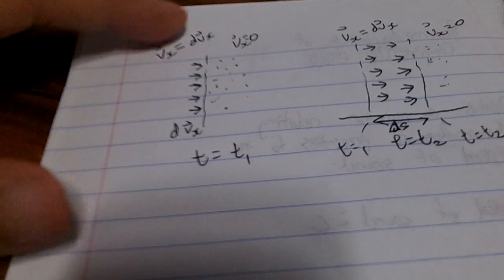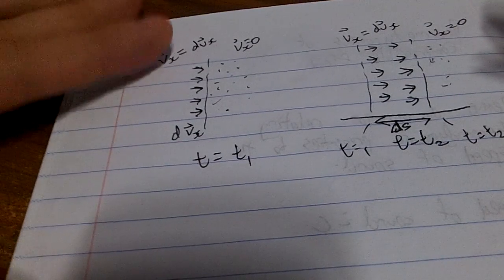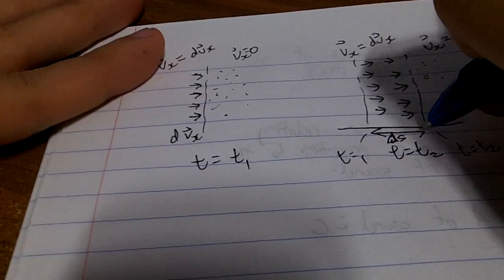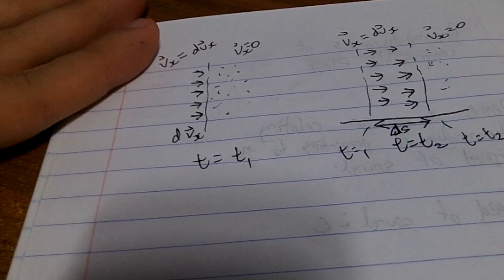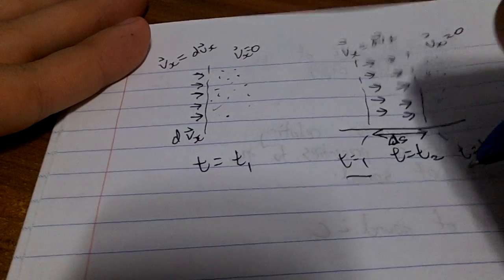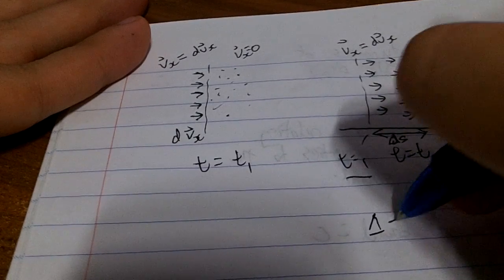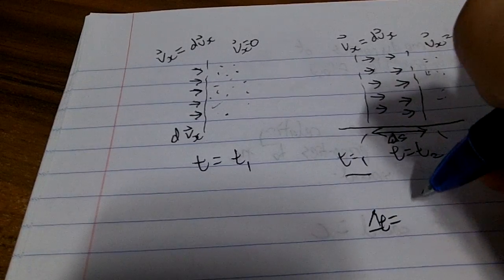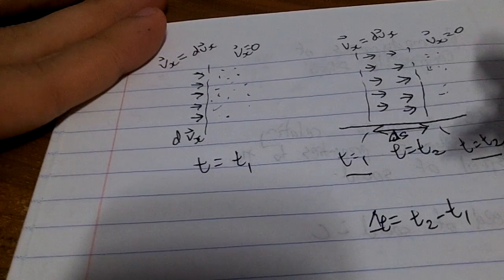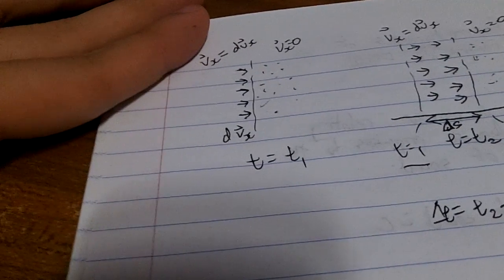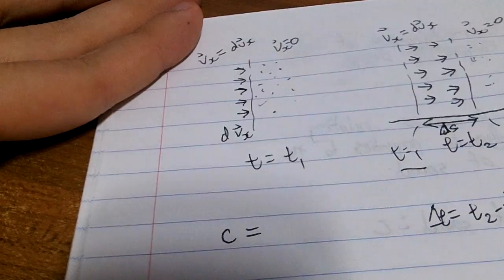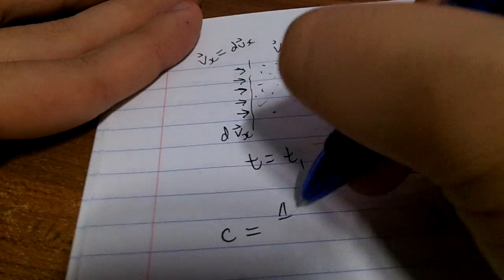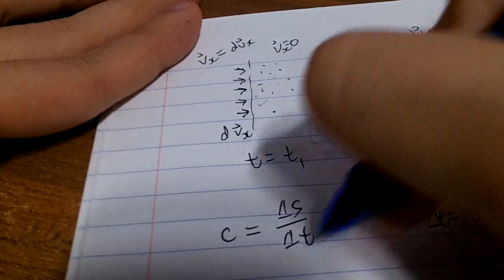If you are using differential analysis, then you might want to use ds, but for simplicity, we'll just use delta s. And you see the time between these wavefronts, delta t equals t2 minus t1, and the speed of sound will actually be c equals delta s over delta t.